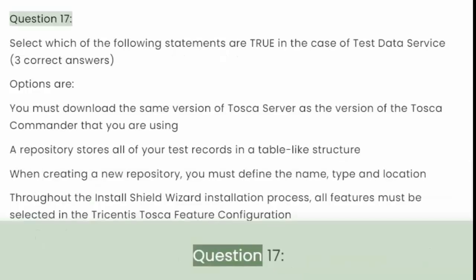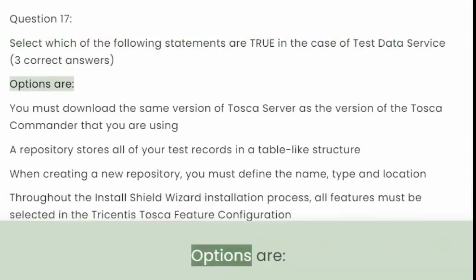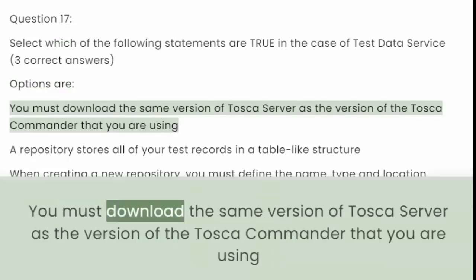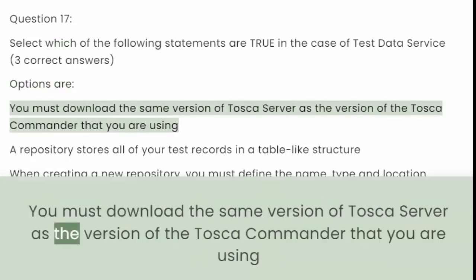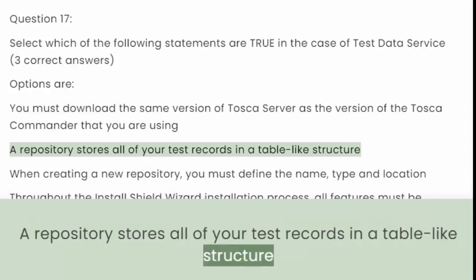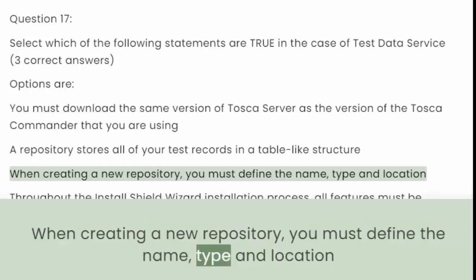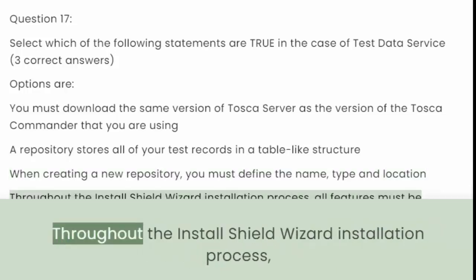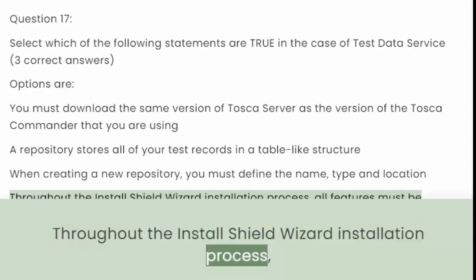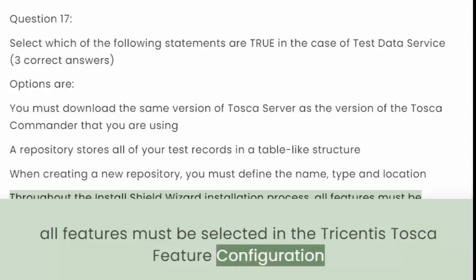Question 17. Select which of the following statements are true in the case of test data service. Options are: you must download the same version of Tosca server as the version of the Tosca commander that you are using; a repository stores all of your test records in a table-like structure; when creating a new repository, you must define the name, type and location; throughout the Install Shield Wizard installation process, all features must be selected in the Tricentis Tosca feature configuration.